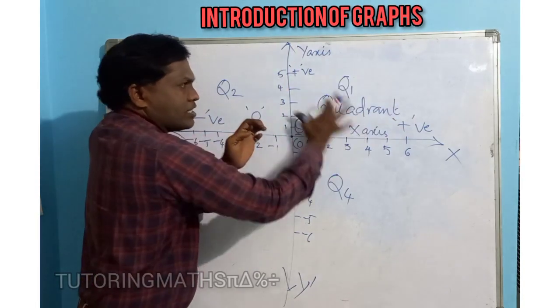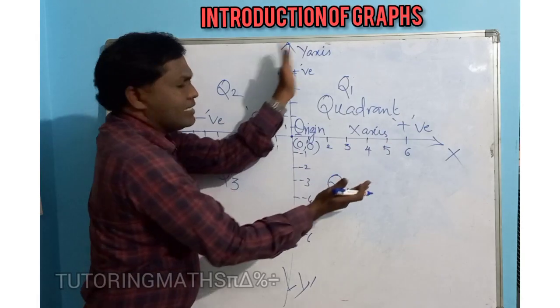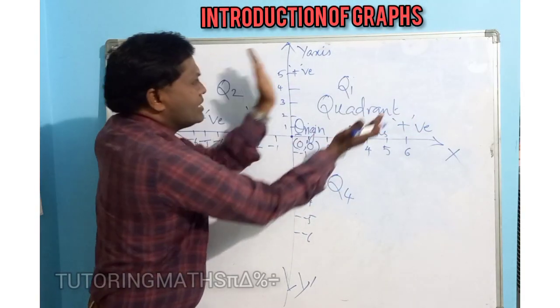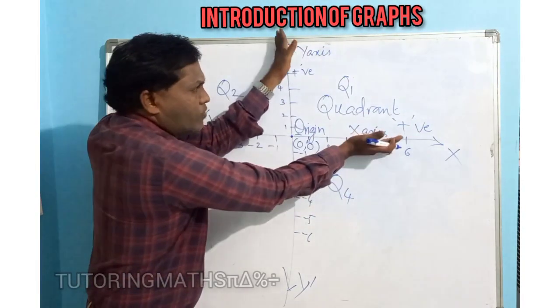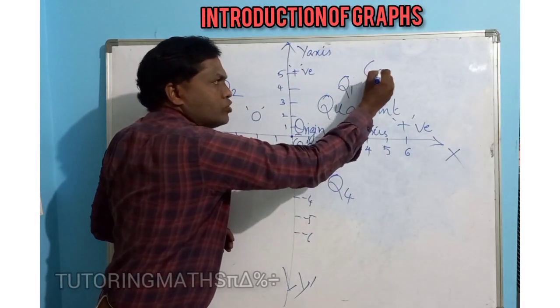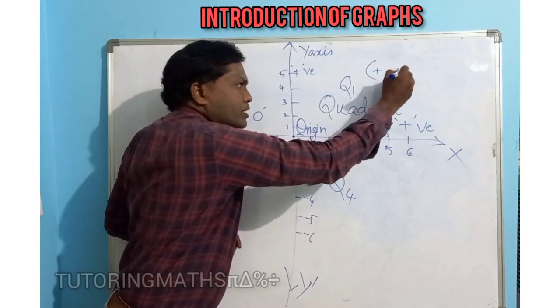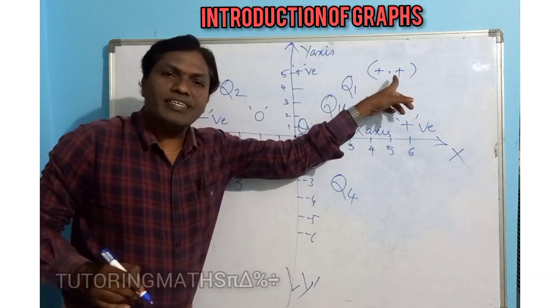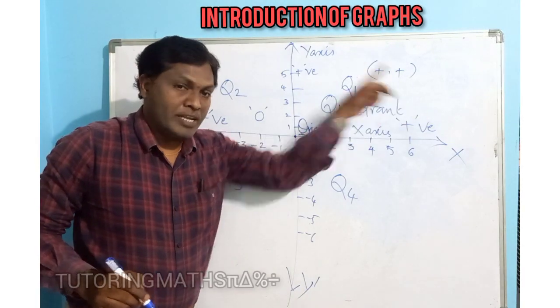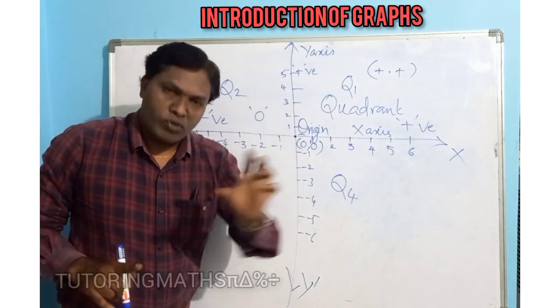This is the place occupied by this line and this line. Therefore, which type of values do we get? The x value should be positive, and the y value is also positive. So the first quadrant consists of plus plus, positive positive.